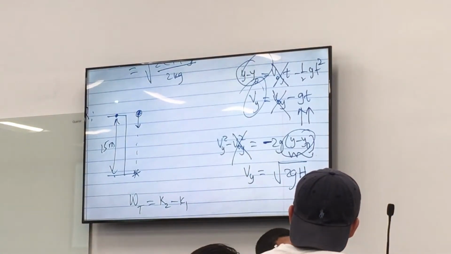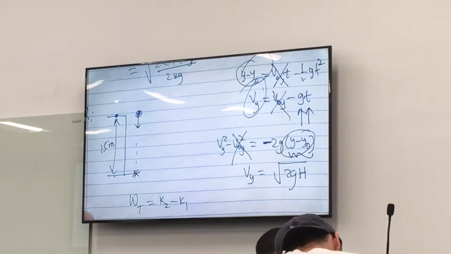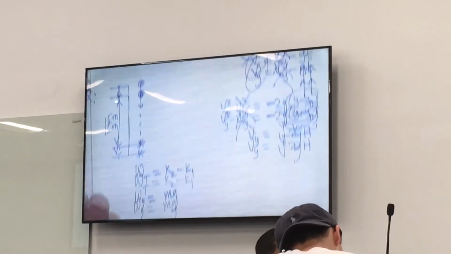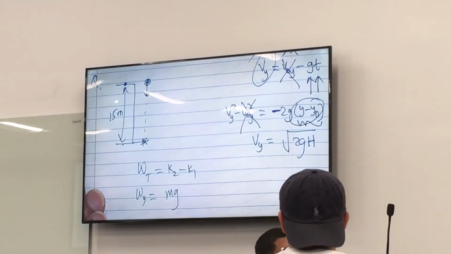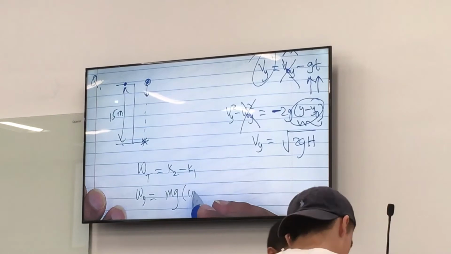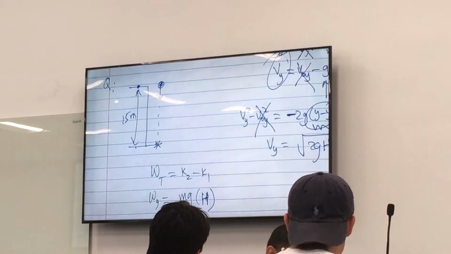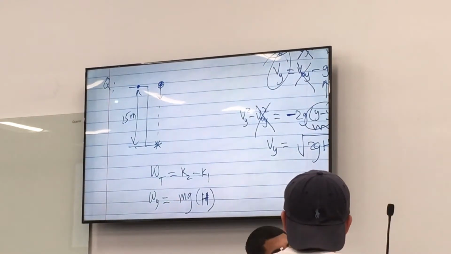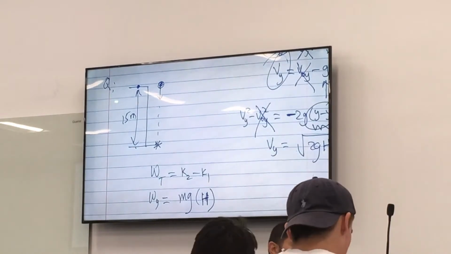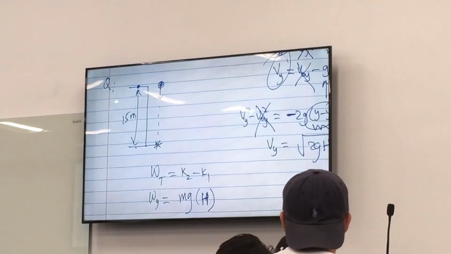What is the work done by gravity in this case? Wg is equal to the force of gravity, which is mg, times the displacement. What is the displacement here? 15 meters, or let me write h. Is it positive or negative? Work done by gravity is positive. Why? Same direction: the force is downward, and your displacement is also downward.